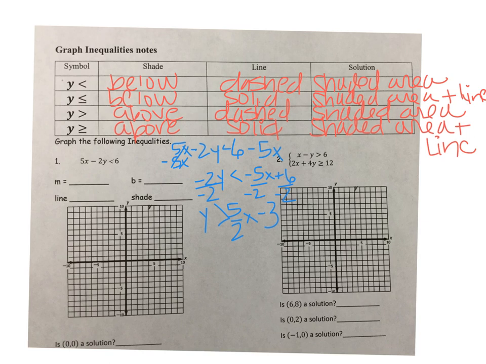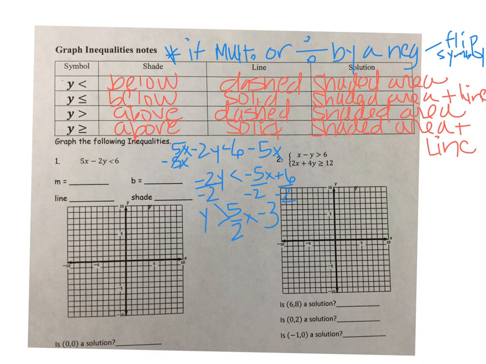All right, so before we go any further, you might want to make a note. If you multiply or divide by a negative, then you need to make sure you flip the symbol.